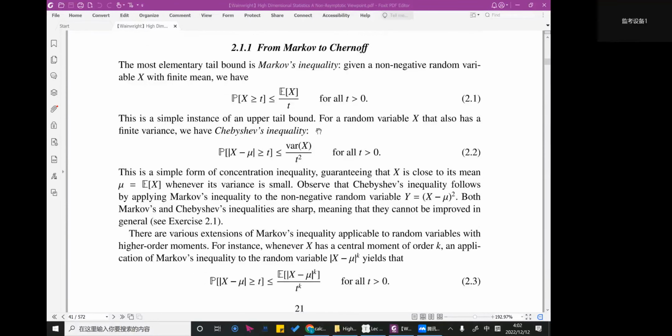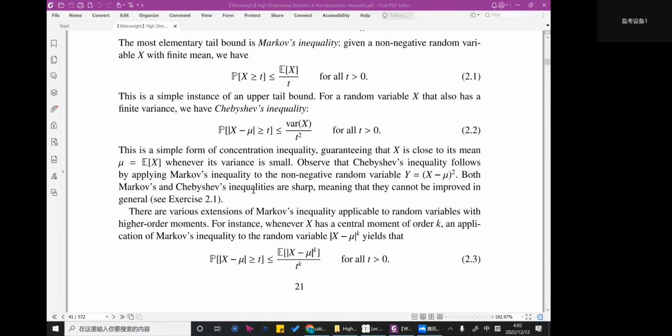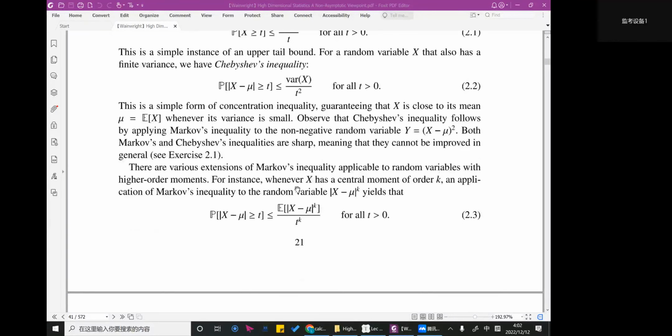These two are concentration inequalities that guarantee x is close to its mean, which also means x cannot be too large. Not that it cannot be too large, but the probability tends to 0. It's a probabilistic way. So this is about these two inequalities.